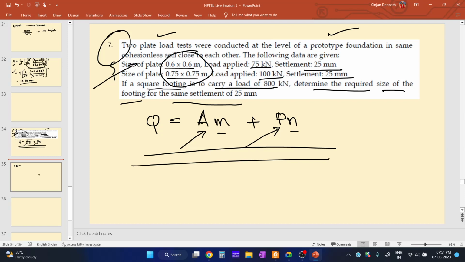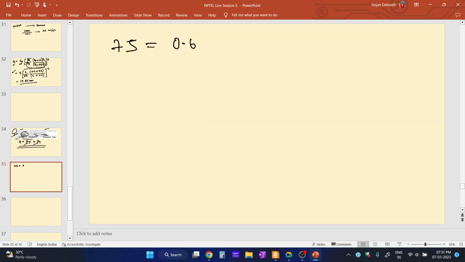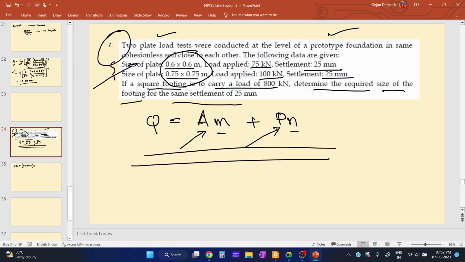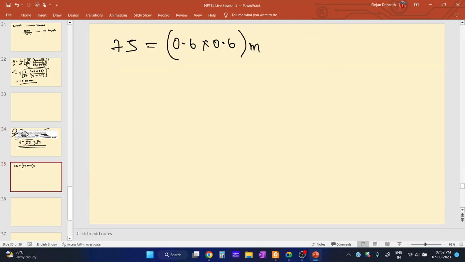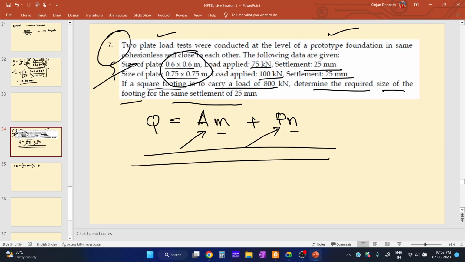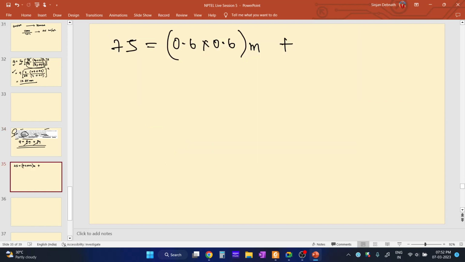Area is 0.6 into 0.6, into M. M is a constant, plus P. What is the perimeter of the square plate? It is 4 into 0.6, 4 into 0.6 into N. Suppose this is equation 1.